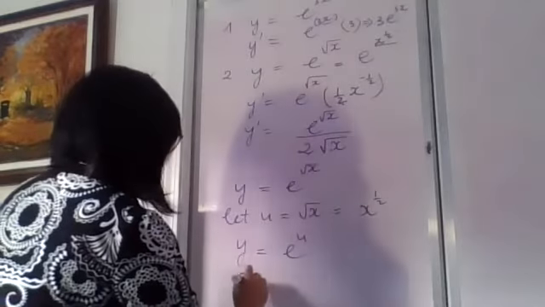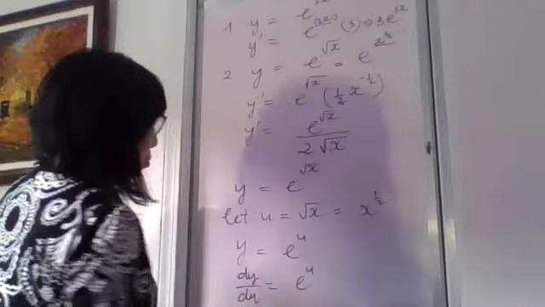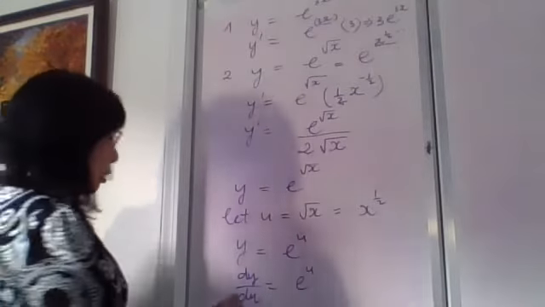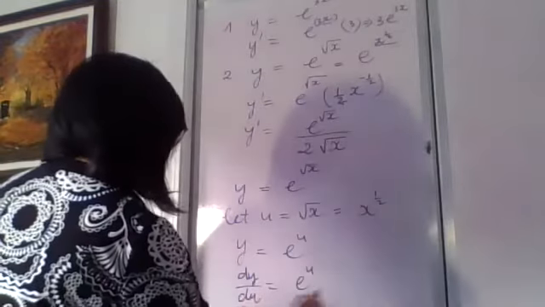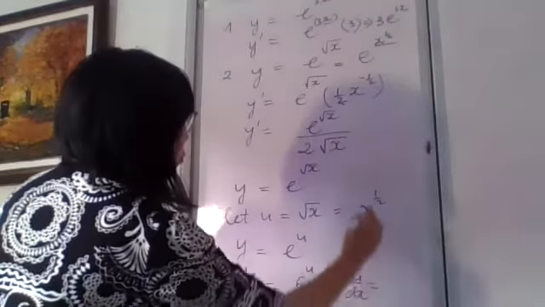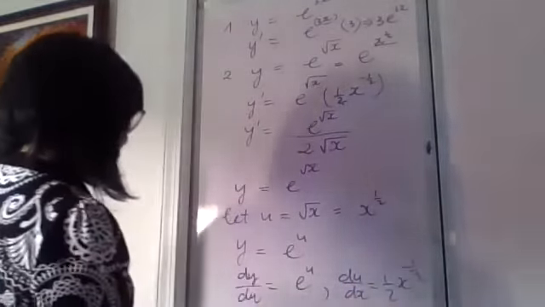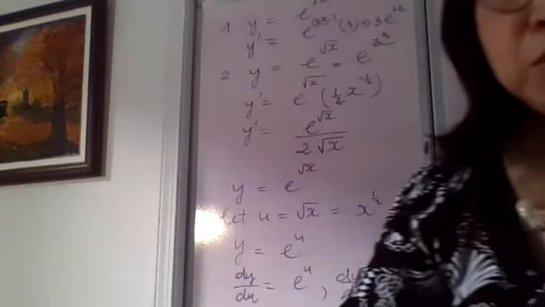So dy over du will be equal to e to the u. And then they will say du over dx will be 1/2 x to the minus 1/2. And therefore, I'm going to go to the other board now.